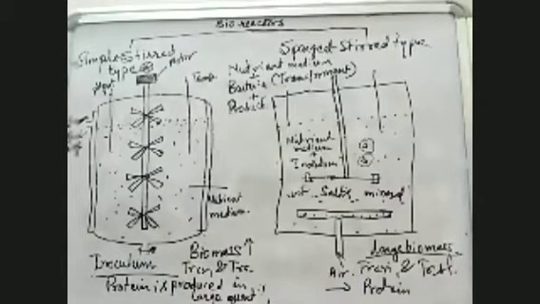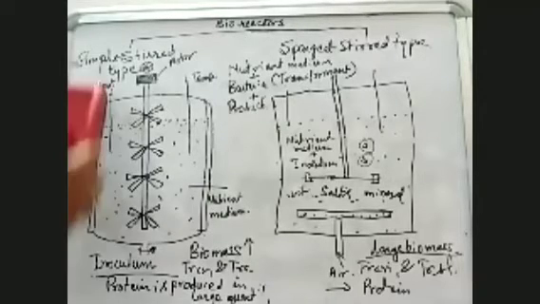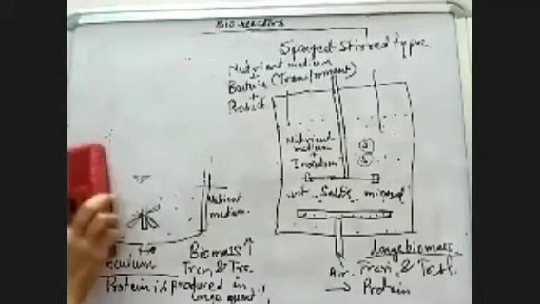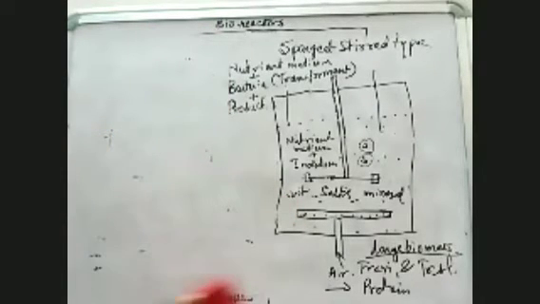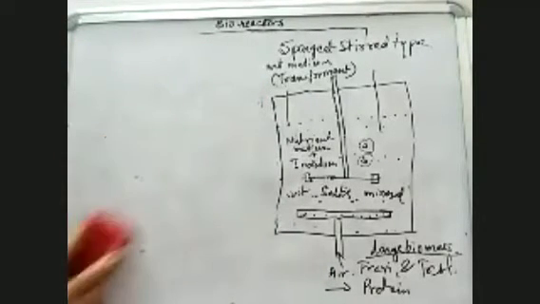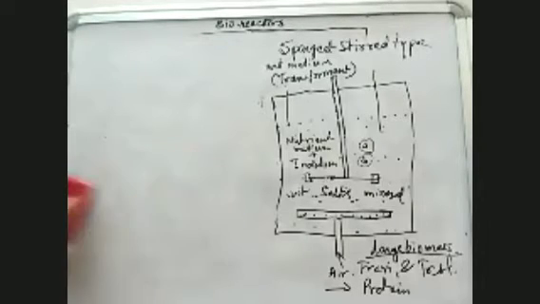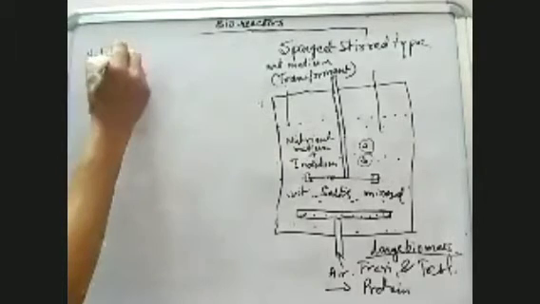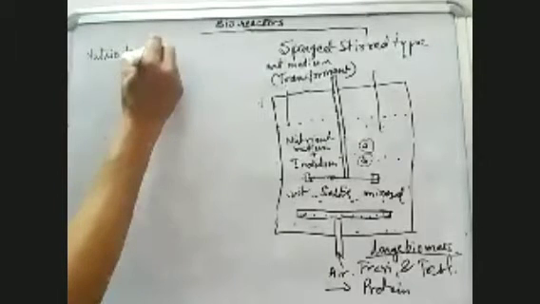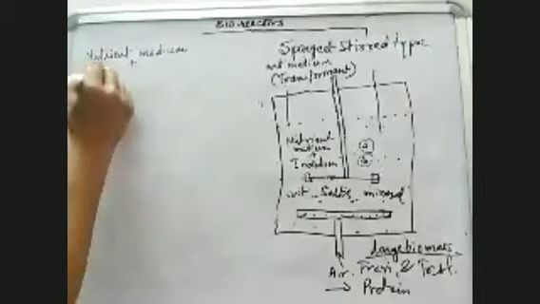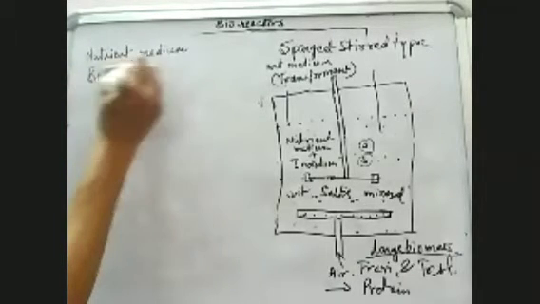After we obtain this, in both the bioreactors, whether we use sparge stir type or simple stir type, now we have the nutrient medium, plus we have the bacteria which are transformants.